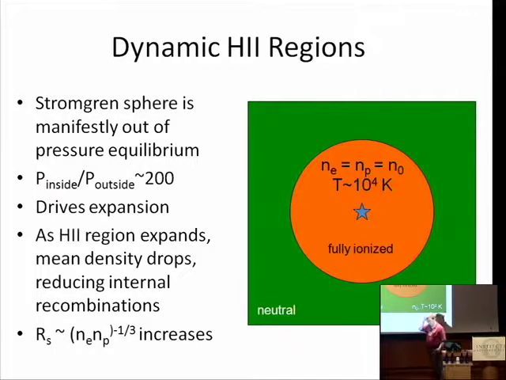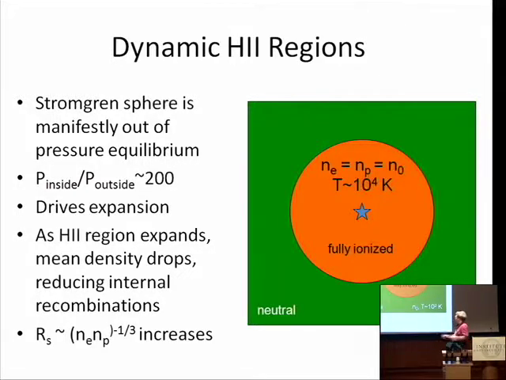Okay, so all of this was without hydrodynamic response of the background medium. Let's turn on dynamics. Here we have this nice Stromgren sphere, and let's suppose it was expanding into a medium of density n naught and typical ISM temperature of 100 Kelvin.